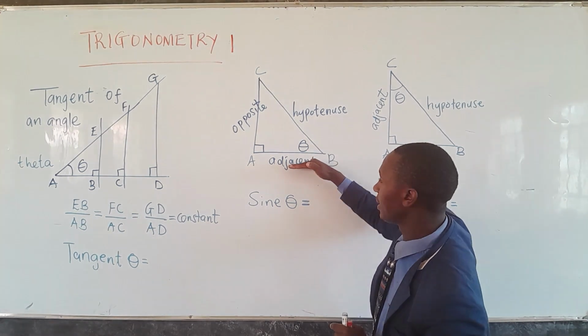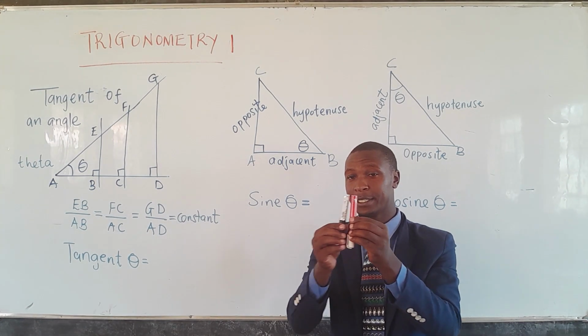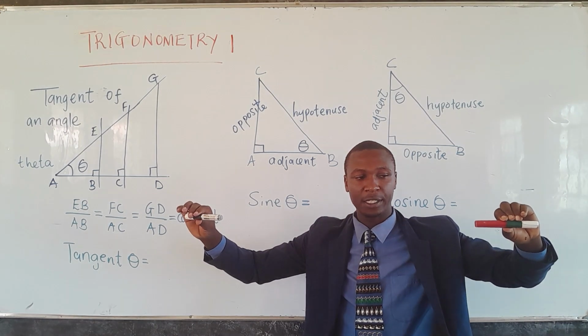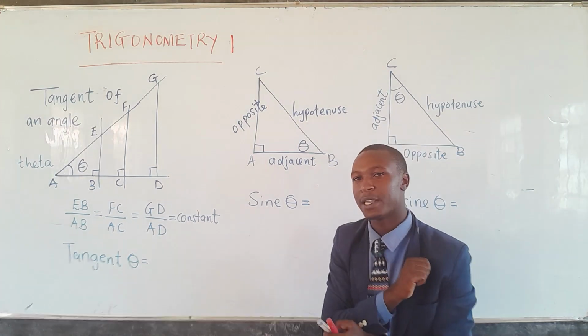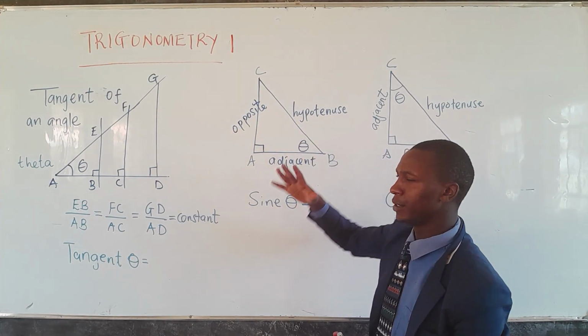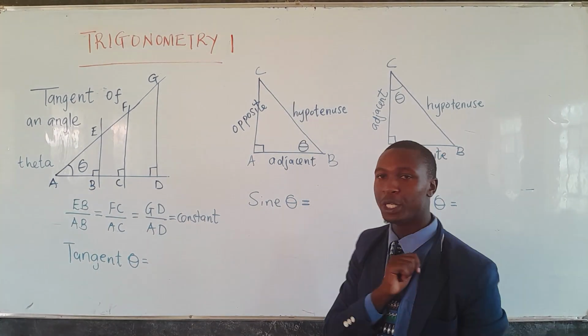Now, this side is going to be called the adjacent, and that is in reference to this angle here, theta. So this is going to be adjacent, because of course, if we talk about these pens, they are adjacent. If you talk about these pens, where the way they are here, they are opposite sides. So since this angle and the side are touching each other, then we call it the adjacent side. Of course, this side, from the basic learning, we know that this is the hypotenuse, and therefore is going to remain to be the hypotenuse.